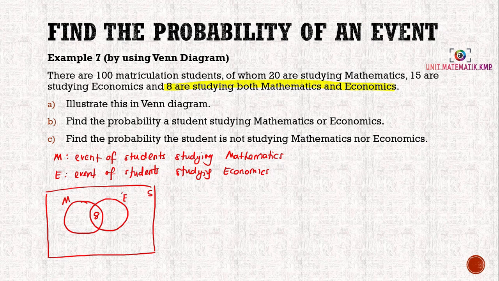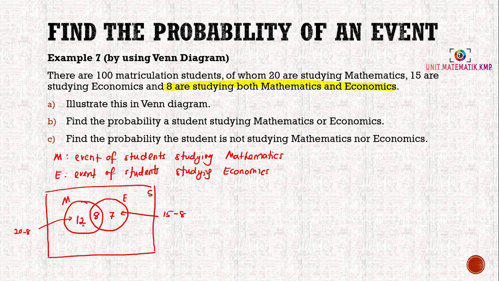It says here 20 are studying mathematics. In this M circle we already have 8, so what you need to write inside here is 20 minus 8, which is 12. So 12 students study only mathematics and not economics. For the economics circle, the question says 15 are studying economics, so we put 15 minus 8, which is 7.